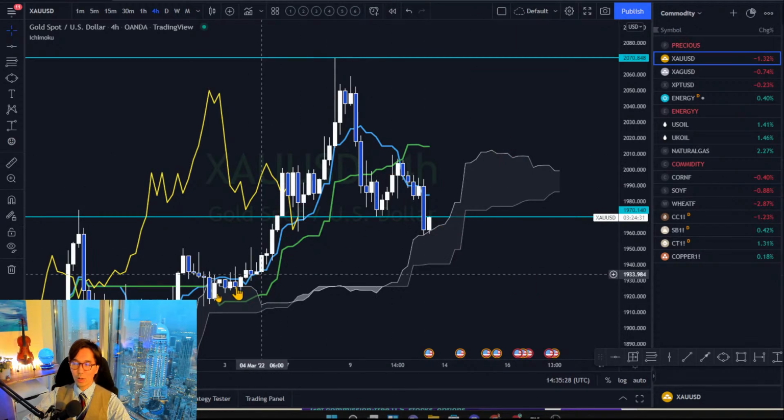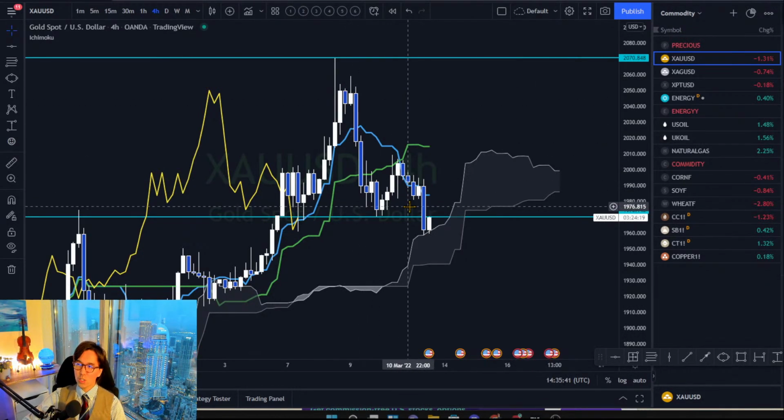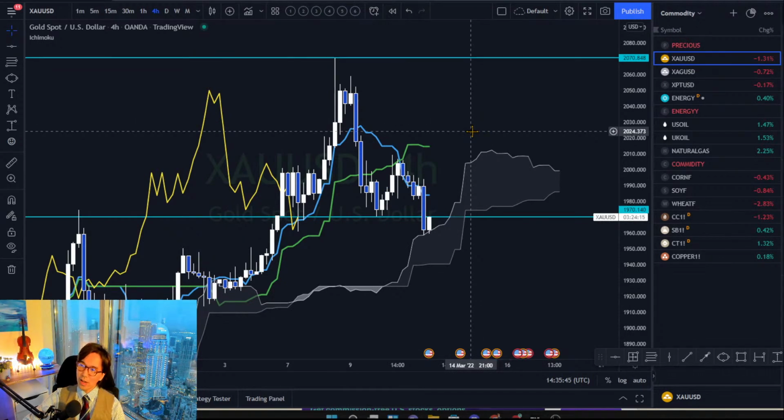So wow, the gold has been very violent. Yeah, I can see that there are many traders winning and losing on these markets because it's so spiky and so volatile right now. So yeah, since it's going down, I prefer to stick to Forex now.